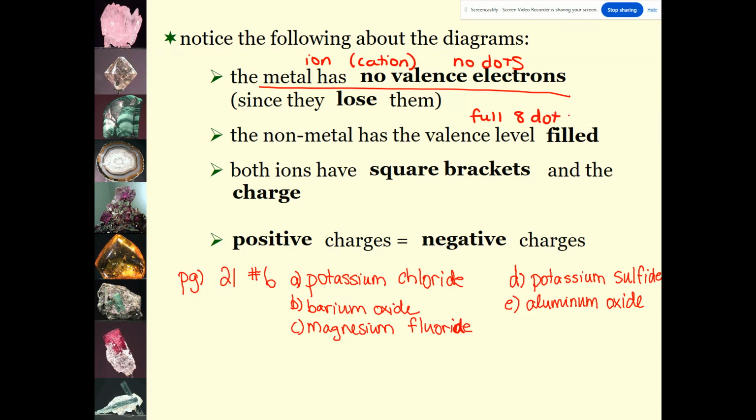And the nonmetal ion again, which is called the anion, they have square brackets around each of them with their charge. So remember, when they lose, they become positive. When they gain electrons, they become negative. And again, the total positive have to equal the total negative charges.